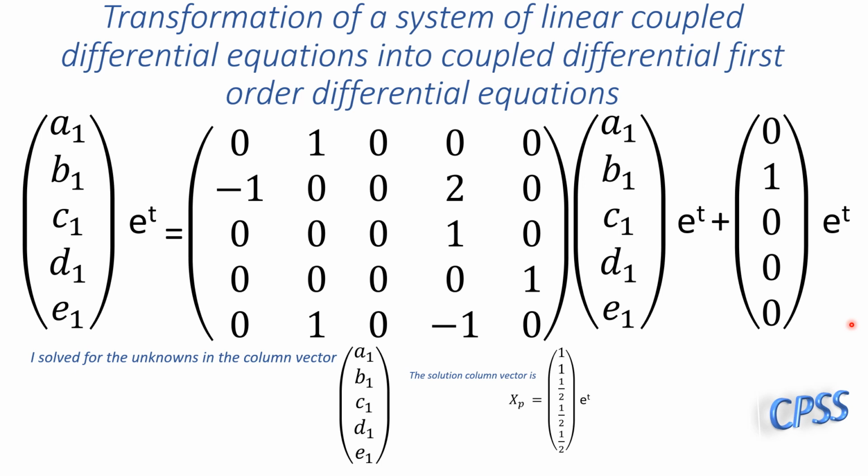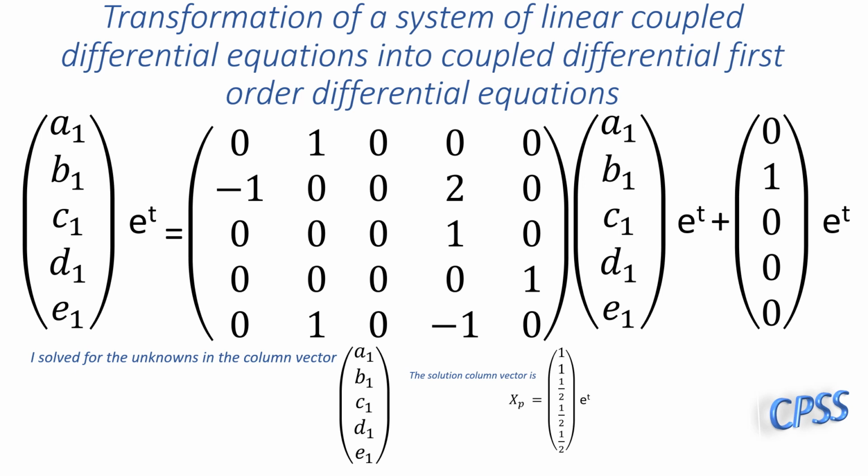I solved five equations for five unknowns, and I got the particular solution. Now, using the t squared plus 1, I could not find any coefficients that satisfy the conditions. So that did not work.